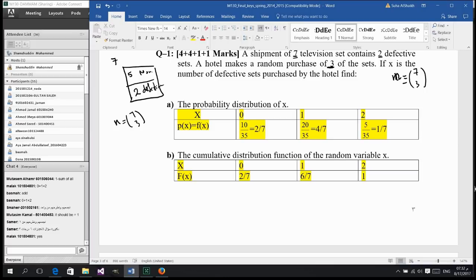So N is 7C3, since I'm choosing 3 out of the 7. My random variable X is the number of defective I have. Can you tell me what is the number of defective? 0 defective, 1 defective, 2 defective, or 3 of them are defective, right? So the table.